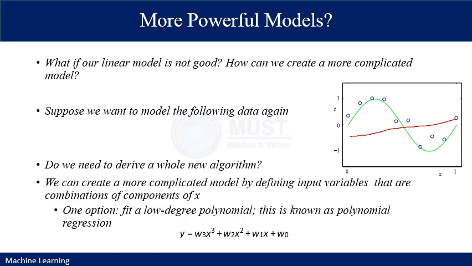So for example, instead of the simple method, which was w0 plus w1x, we use a polynomial expression of degree 3, which is w3x cubed plus w2x squared plus w1x plus w0, to capture more complex patterns.